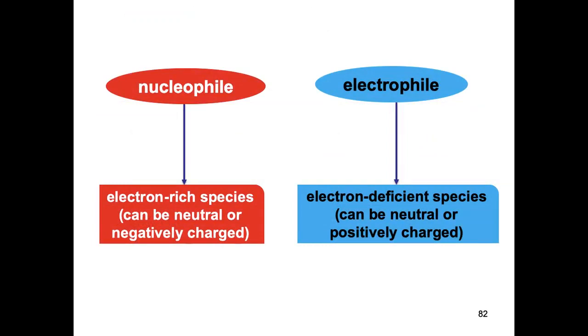Before you get into general types of reaction, you have to know the meaning of nucleophile and electrophile. Nucleophile is electron-rich species. It can be neutral or negatively charged, while electrophile is electron-deficient species. It can be neutral or positively charged.